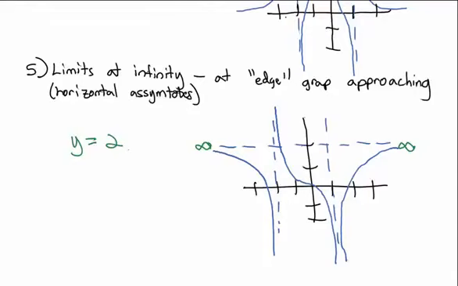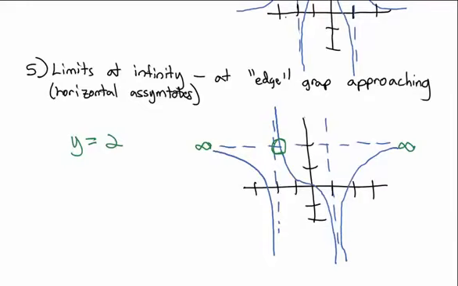It's going to always get closer and closer but never get there. It is interesting to note that the graph did cross the horizontal asymptote in the middle. Horizontal asymptotes are only describing what happens at the extremes, at the edges, not in the middle. So sometimes in the middle it will cross a horizontal asymptote, but it will never cross a vertical asymptote.